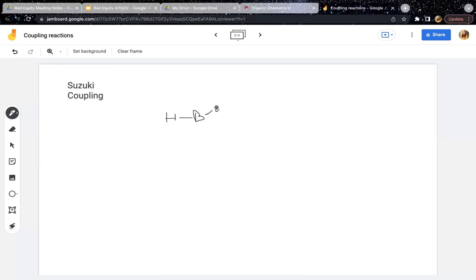Yeah, so Suzuki coupling is probably the most well-known, and it's also probably the most important. Excuse the bad drawing, but this is boronic acid, and this is the molecule that's going to be used to actually do the reaction. So this is going to act as the metal catalyst for Suzuki coupling.